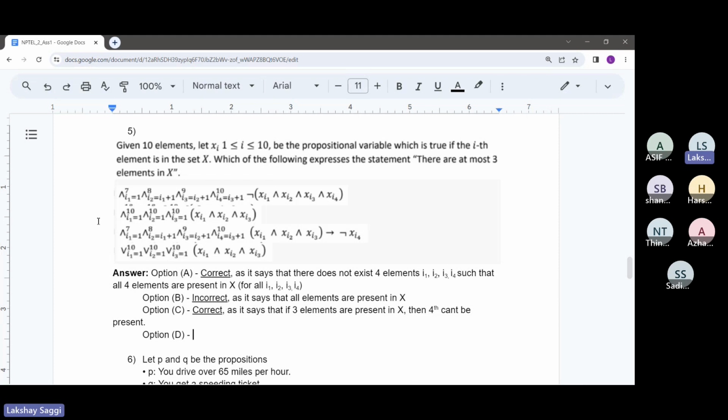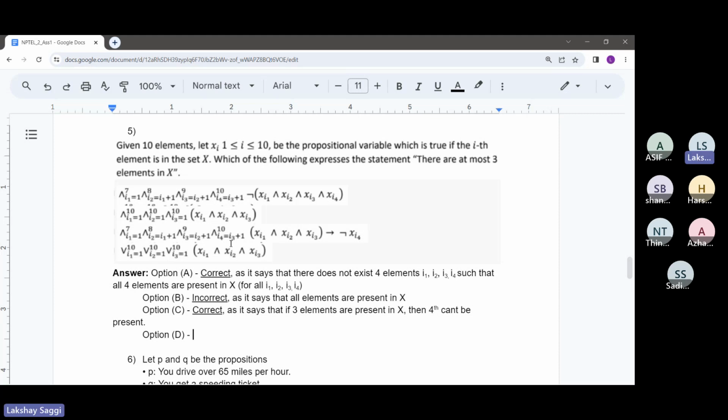Option D is basically not an and, it's an or. So it's an or over I1, I2, I3 of xi1 and xi2 and xi3. So this statement just says that I1 should be present and I2 should be present and I3 should be present, and this should be for at least one triplet I1, I2, I3.